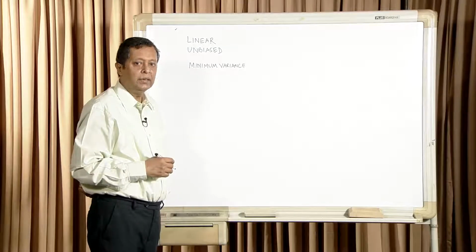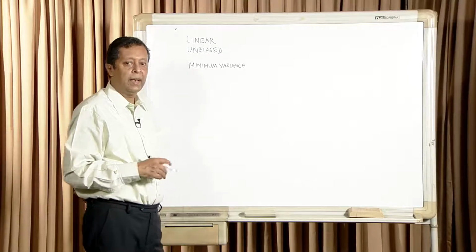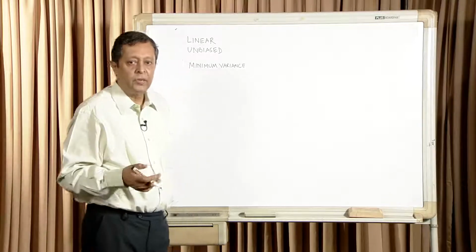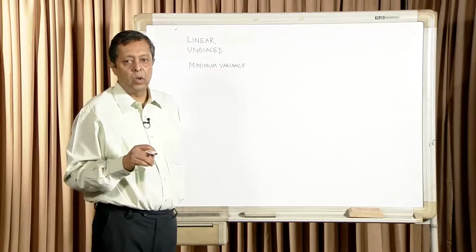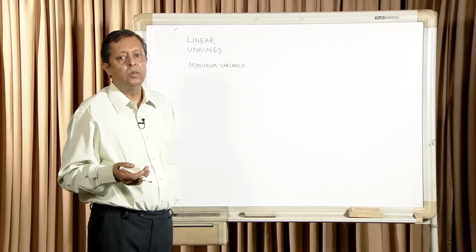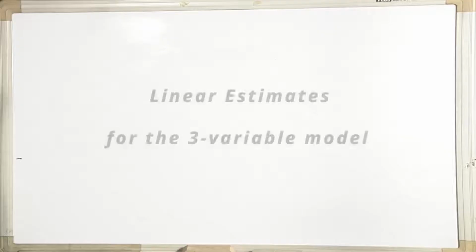First, let us look at the linearity property, and as earlier we will go through first the 3 variable model and then generalize the model to k variables.